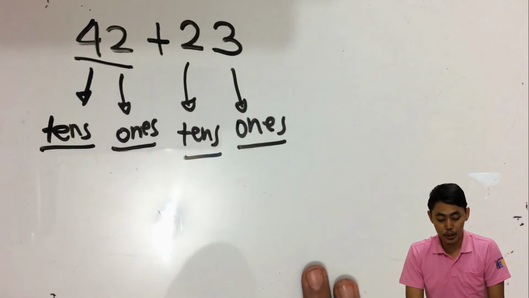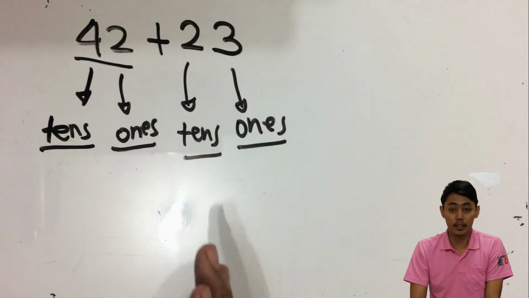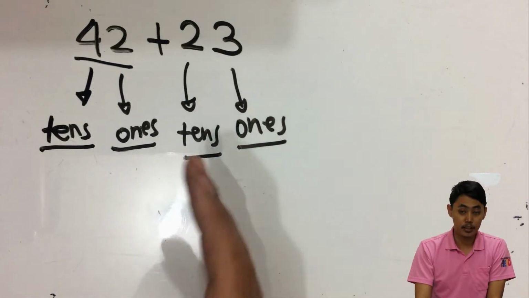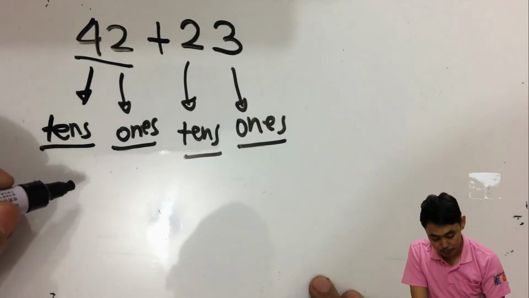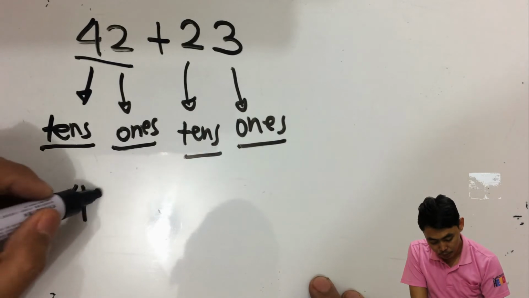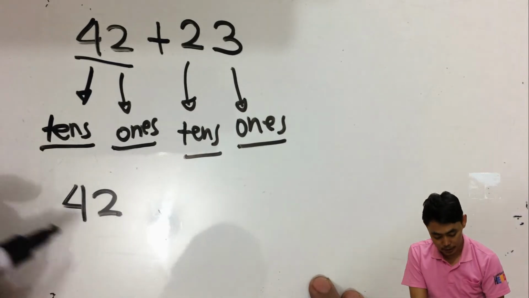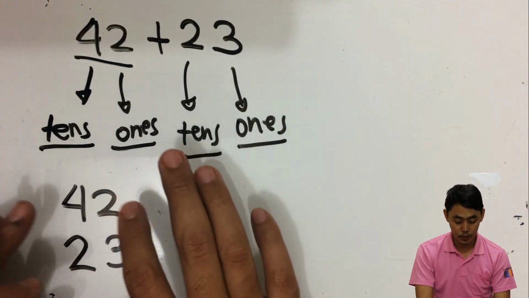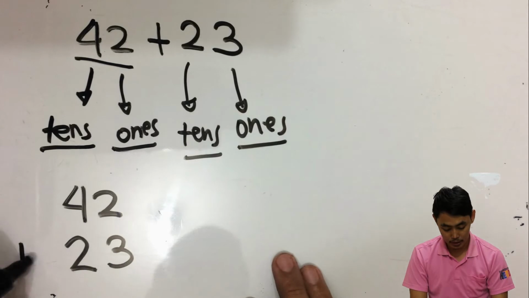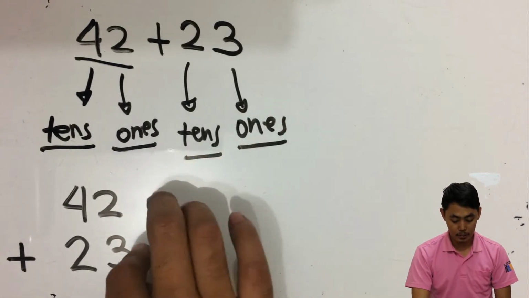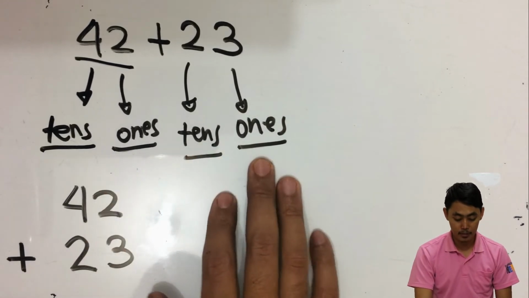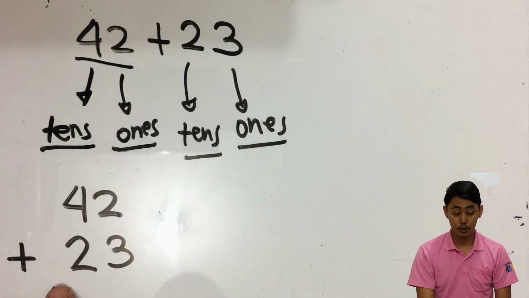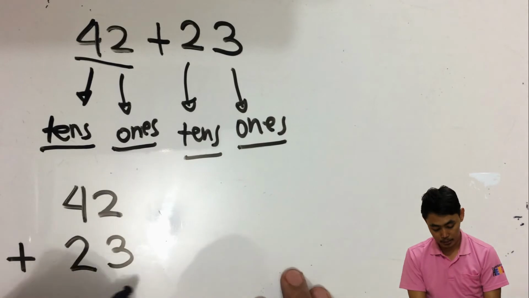Okay, so for you to solve this, you will need to align the digits that are on the ones place and the digits that are on the tens place. For example, 42 and 23. So this is our example, okay? So 42 and 23. 2 and 3 are aligned because they are on the ones place. 4 and 2 are aligned because they are on the tens place.